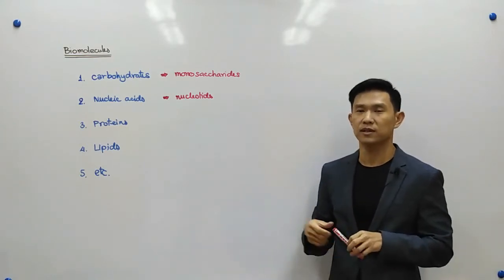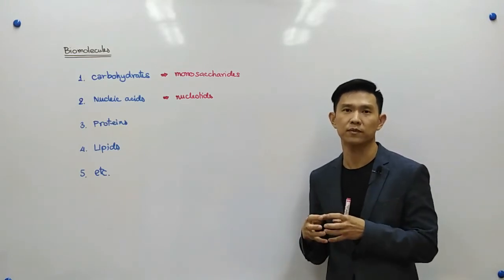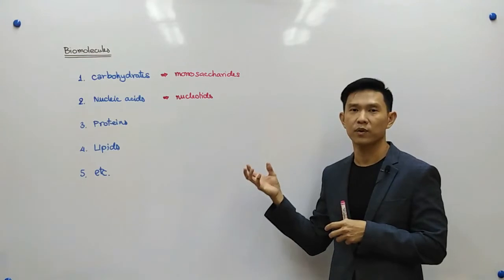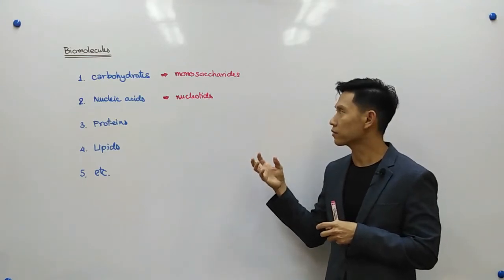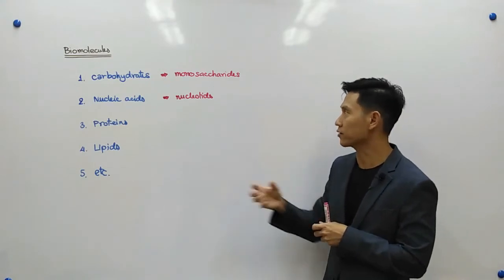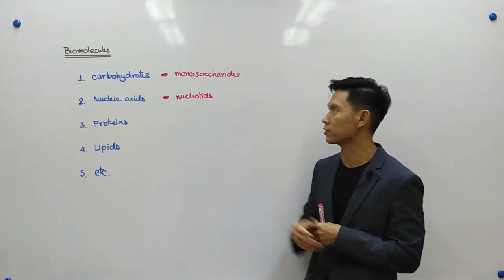But nucleotides are very big molecules as well, and I will talk later about how we can construct nucleotides from something smaller. After you have nucleotides, the nucleotides polymerize to be polynucleotides or nucleic acid.